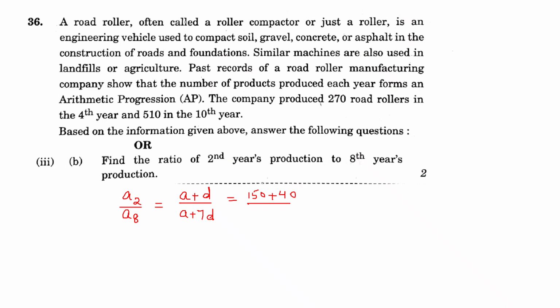The 8th term we have already found, we got the answer as 430. So 150 plus 40, you will get 190 divided by 430. The 0 and 0 can cancel. So your answer is 19 by 43. So here for question 36, I have done all the case study parts.